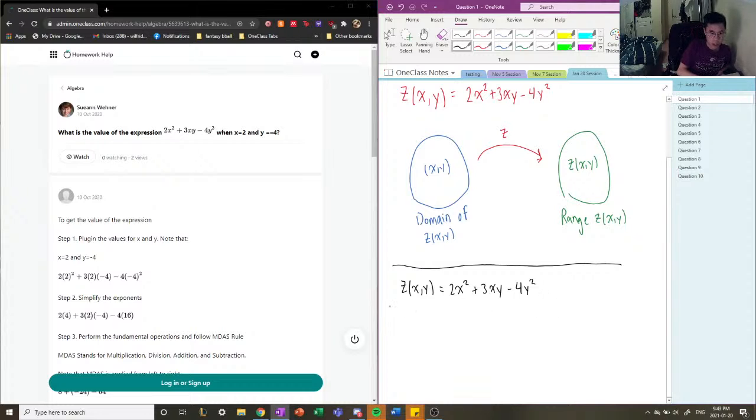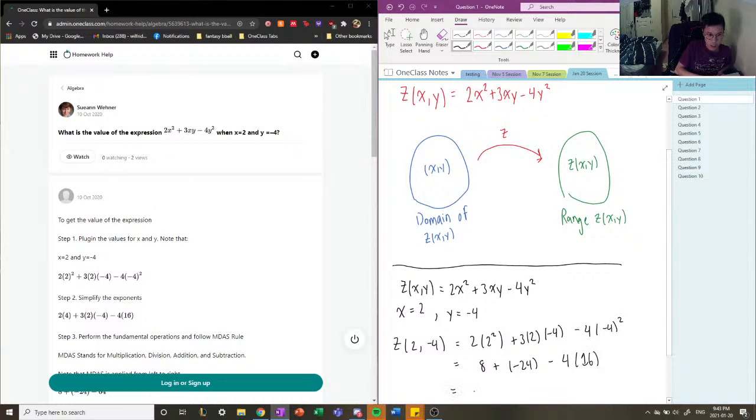With x equals 2 and y equals negative 4, what does that equal? z of 2 and negative 4 is equal to 2 times 2 squared plus 3 times 2 times negative 4 minus 4 times negative 4 squared. That's equal to 8 plus negative 24 minus 4 times 16, which is 64.